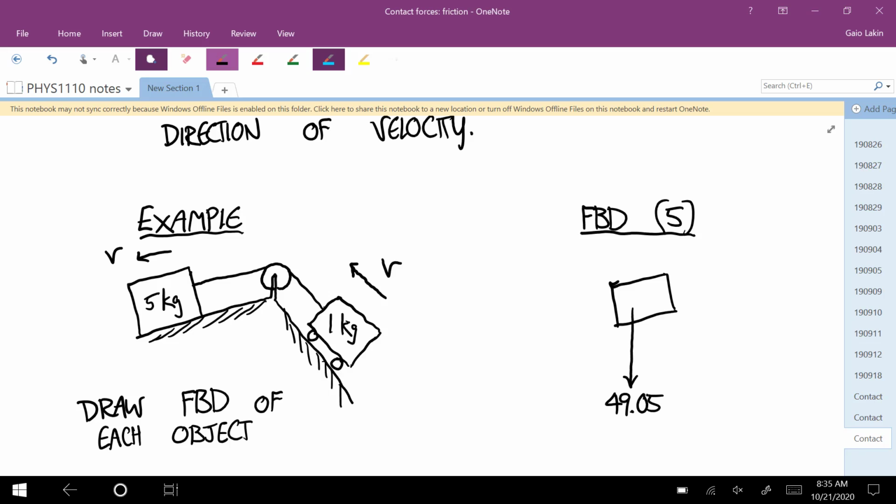And now go around the boundary looking for contact. There's a pulling force from this cable. I'll call that T. Then down at the ground, there's a pushing force. I'll call that N5. And now since this velocity is going down the ramp, the friction force is going parallel to the ramp, up the ramp. And so this is going to be mu, whatever that mu is for these materials, times N5.